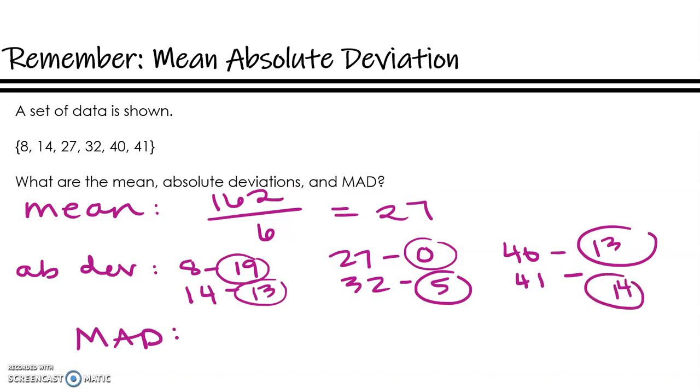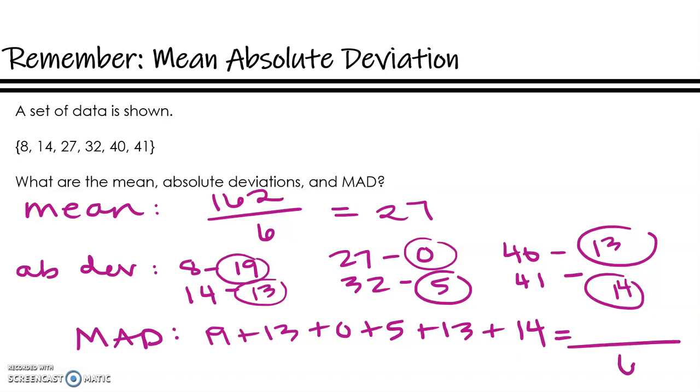So now that I've found all of the deviations, I'm going to add those together to get a total. And then I will divide that by 6 to give me my mean absolute deviation. So 19 plus 13 plus 0 plus 5 plus 13 plus 14 is 64.